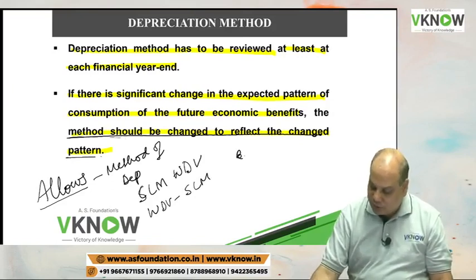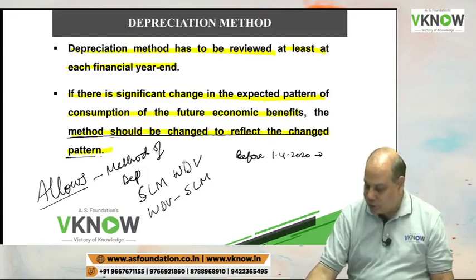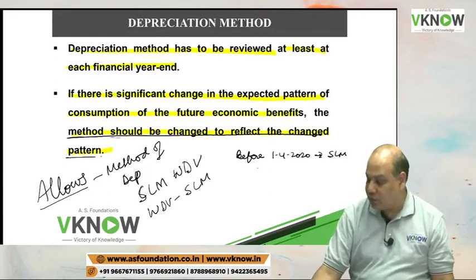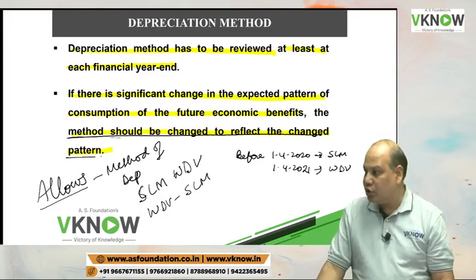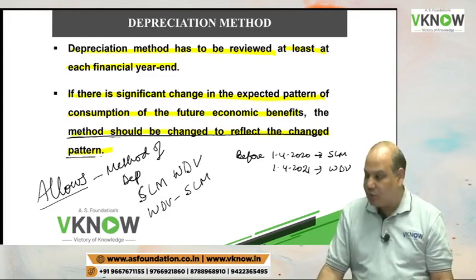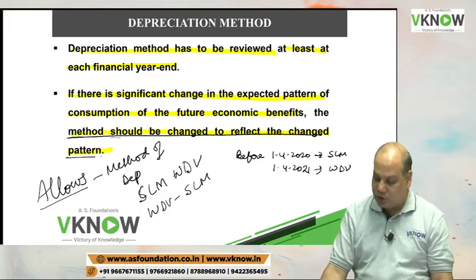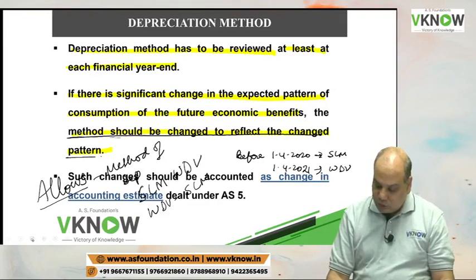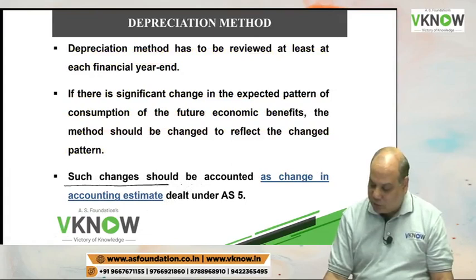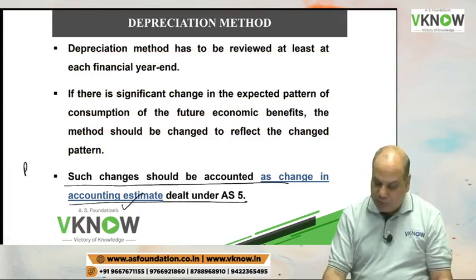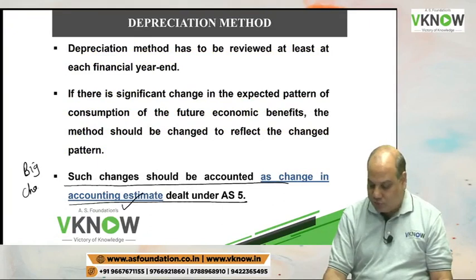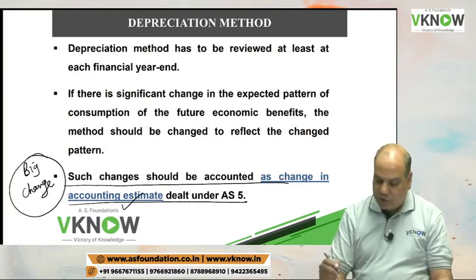So example can be before 1/4/2020, company may be following SLM, but from 1/4/2021, the company may decide to follow WDV because the pattern of consumption of economic benefit has changed. Will it be called as a change in accounting policy or change in accounting estimate? So this is a big change in AS-10.